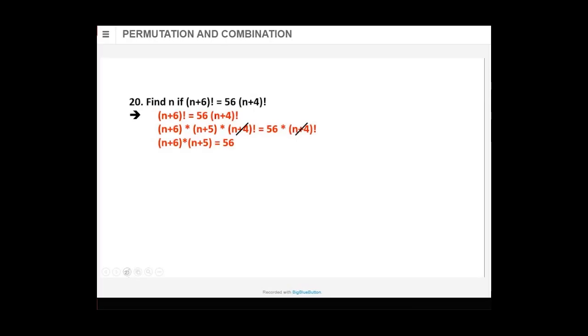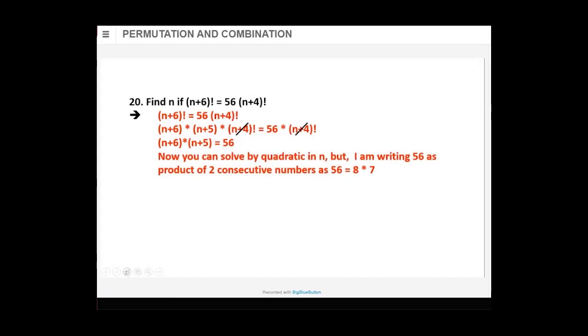Now you can make quadratic of n and you can solve it by quadratic equation. I don't mind. Now you can solve by quadratic in n, but I am not doing it.